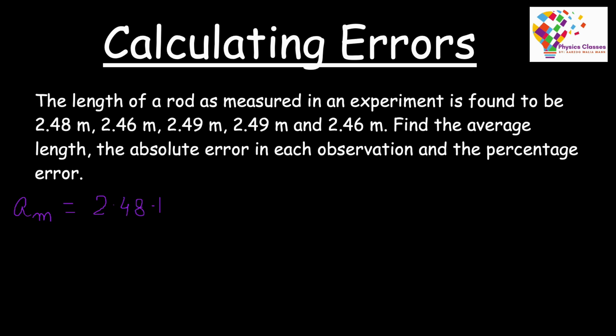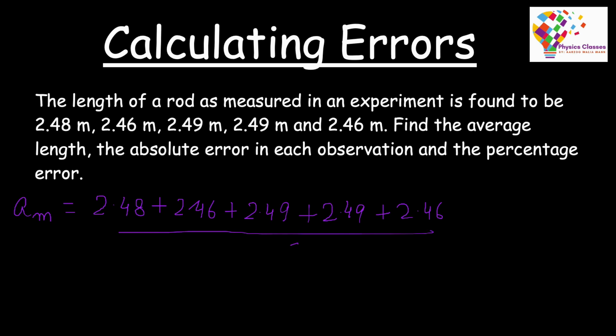To find A mean, I take the average of 2.48 plus 2.46 plus 2.49, another 2.49 and 2.46, and because I have a total of 5 observations, I divide all of these by 5. When I divide by 5, I get a value of 2.48 meters. This is my mean value.